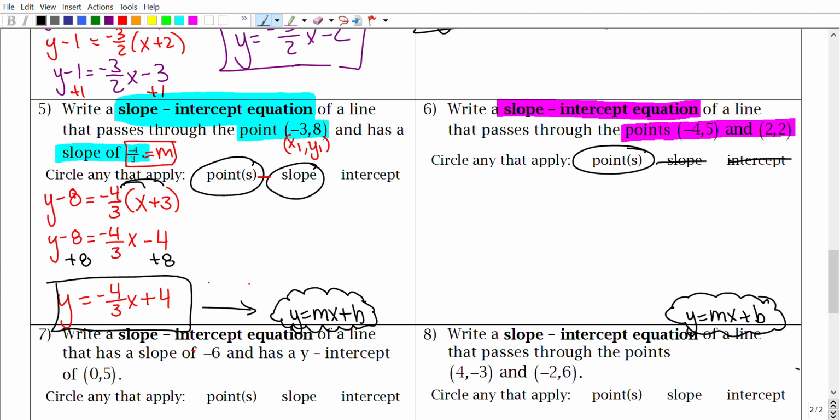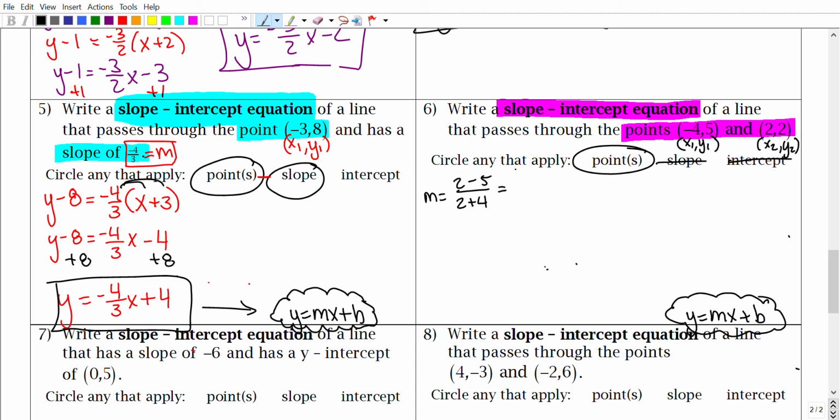So let's go ahead and calculate the slope first. Call this x1, y1, x2, y2. So I get m equals, okay, 2 minus 5 over 2 minus a -4, which is actually a +4.